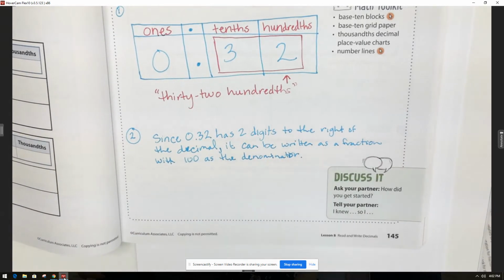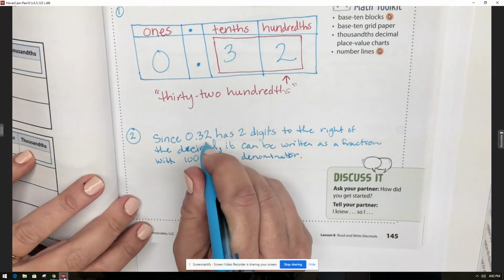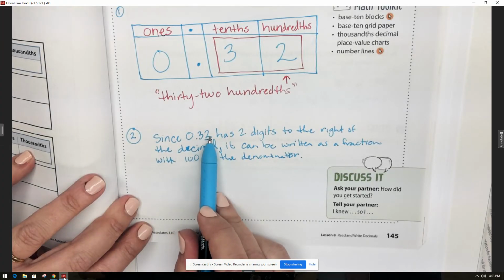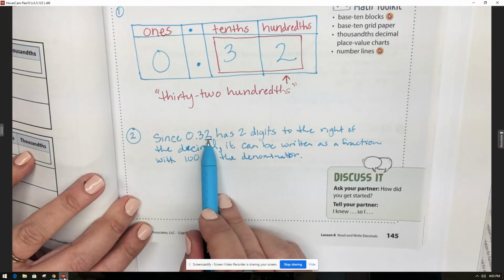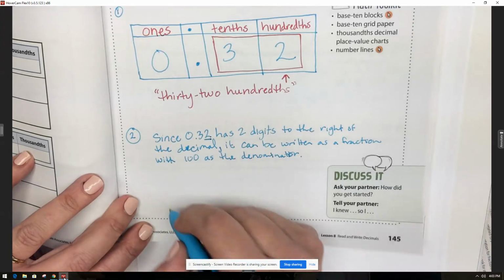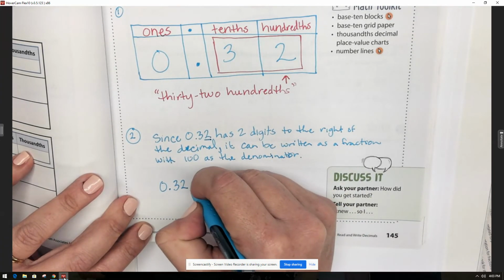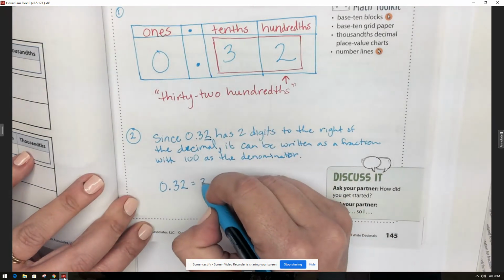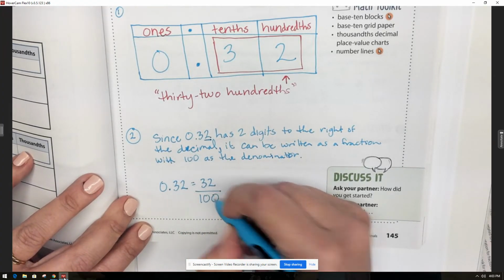Now, the reason that I chose 100 as the denominator is because this second digit here is in the hundredths place. Remember, this is the tenths and this is the hundredths. So I know that my denominator needs to be 100 because the last digit is in the hundredths place. So if I had this decimal, I know that I have 32 of them, and my denominator would be 100.